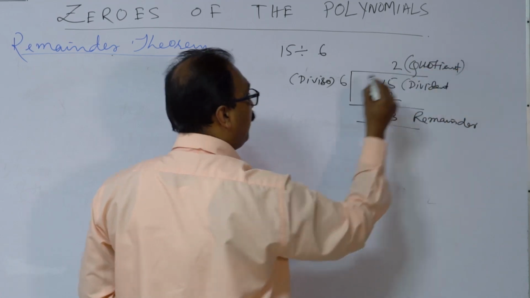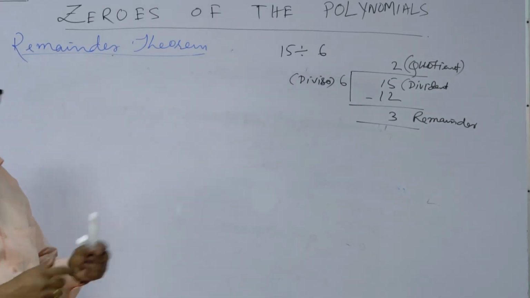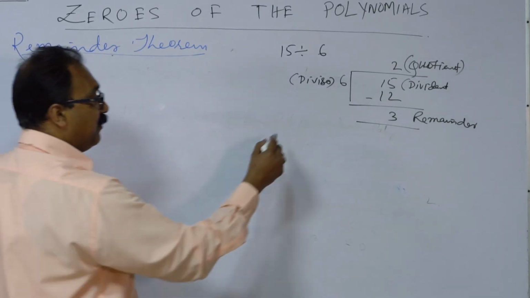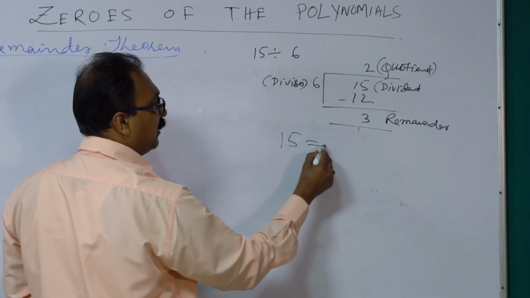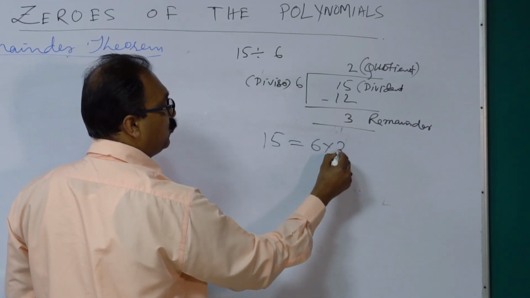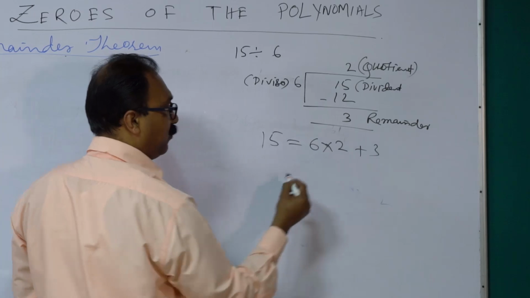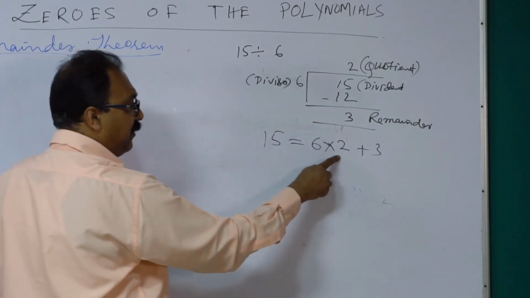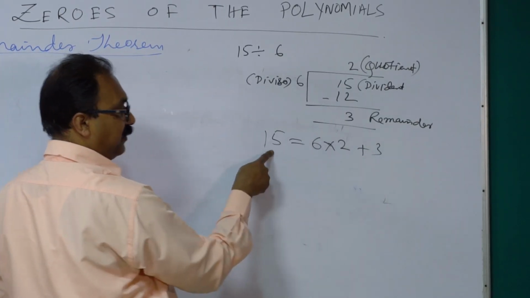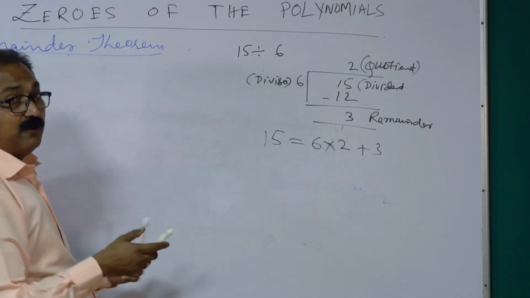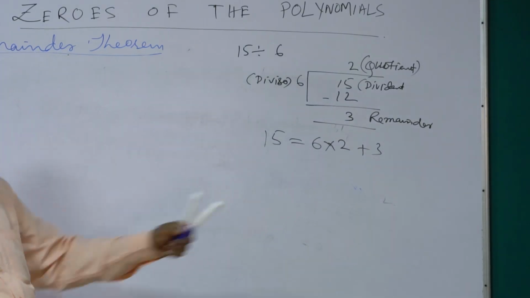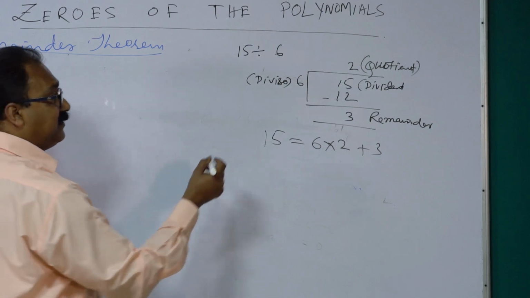If I want to get it with a formula, how to get it? 15 should be 6 into 2 plus 3. Look at here nicely. 6 twos are 12, 12 plus 3 is 15. So what is the formula that comes up here? In lower classes you learned this one, but you don't know how to formalize it.